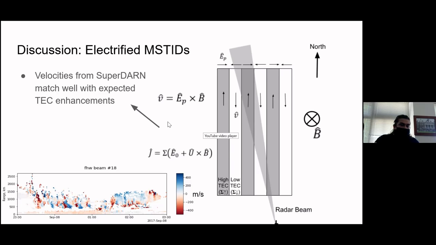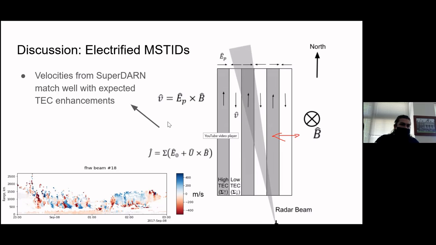Yeah, but I am wondering, in this scenario, let me see if I can annotate. Mostly it's due to the gradient of TEC, right? Like you have high TEC and a low TEC, and in this scenario it looks like the gradient is in the horizontal direction, so you will observe north-south Doppler shift, things like that.